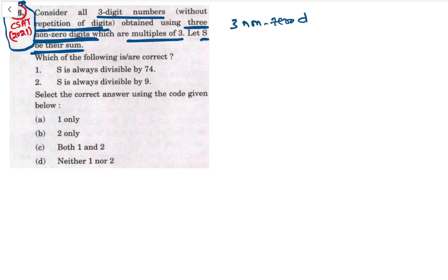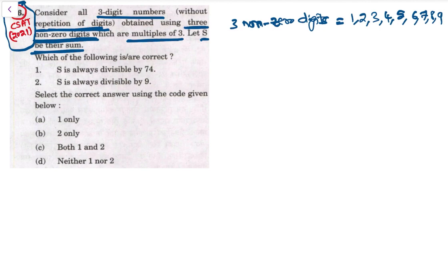Non-zero digits से digits, that is non-zero digits are what? 1 2 3 4 5 6 7 8 9. 3 non-zero digits है. ठीक है.